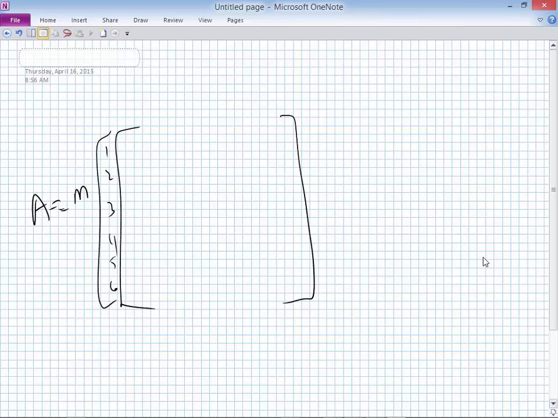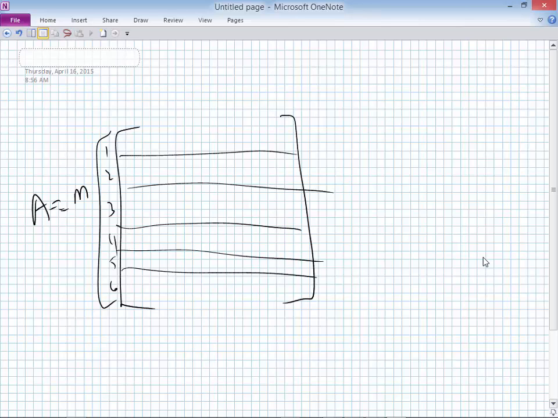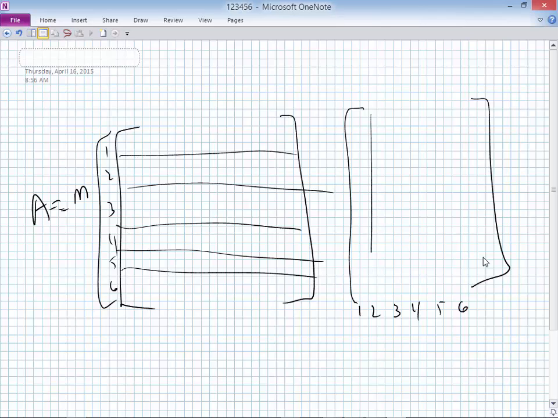We got 6 rows in this matrix right here. And we're going to multiply each row times another matrix that has to have the same number of columns. So if I've got 6 rows, I'm going to have 1, 2, 3, 4, 5, 6 columns right here.